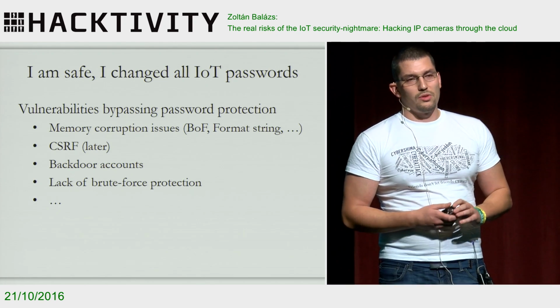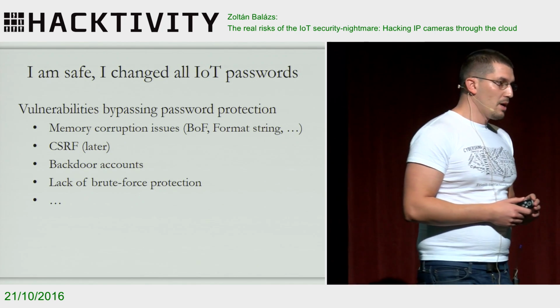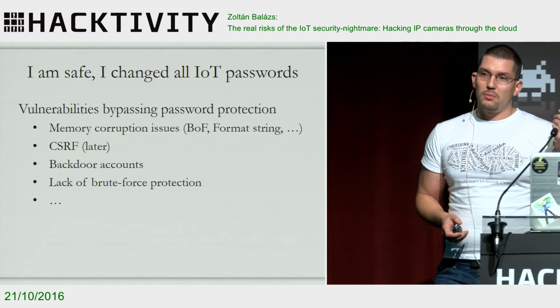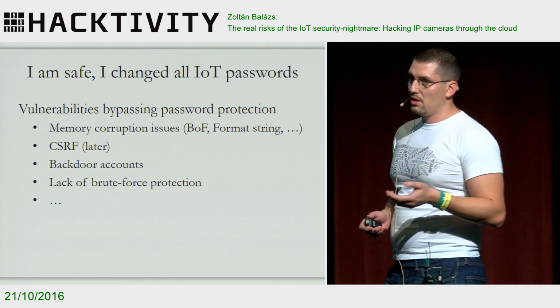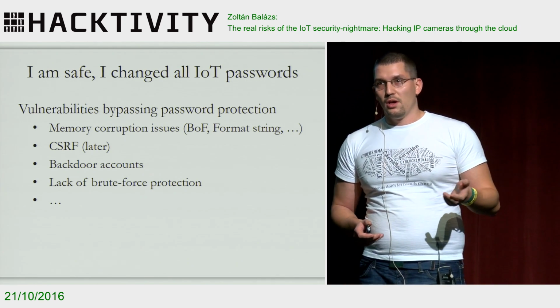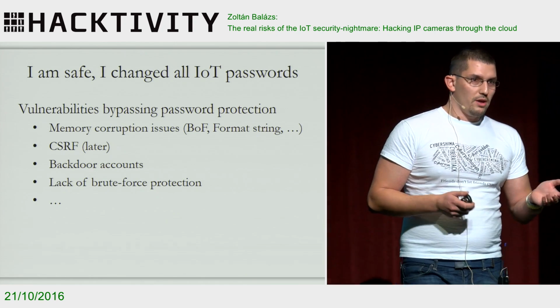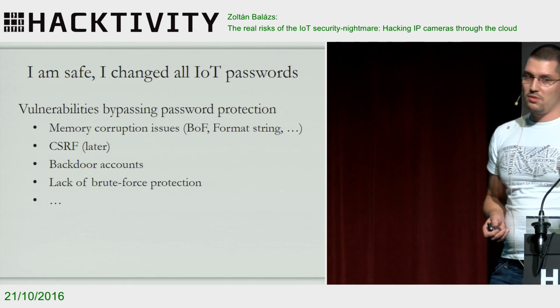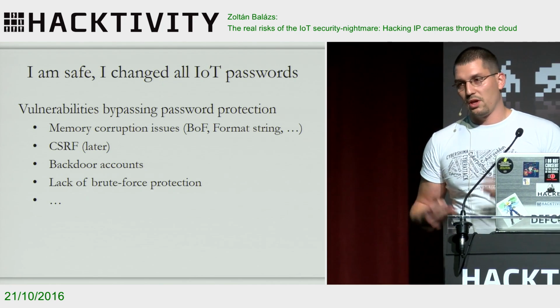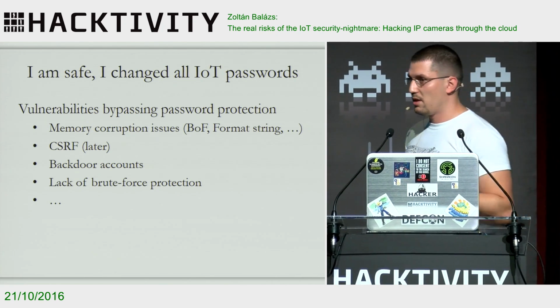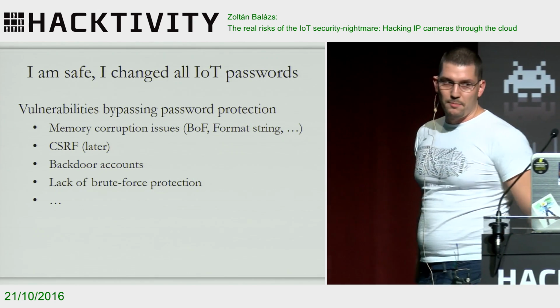I will talk about cross-site request forgery later. For example, my IP camera, it has a backdoor account, which is not documented in the user manual at all. But if you try very weak usernames and passwords, you can find that it's there, and you can just log in to this device via telnet, and you get a root shell.